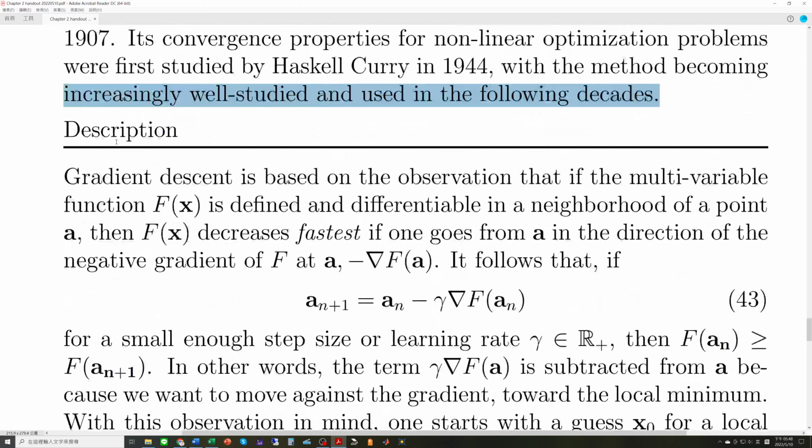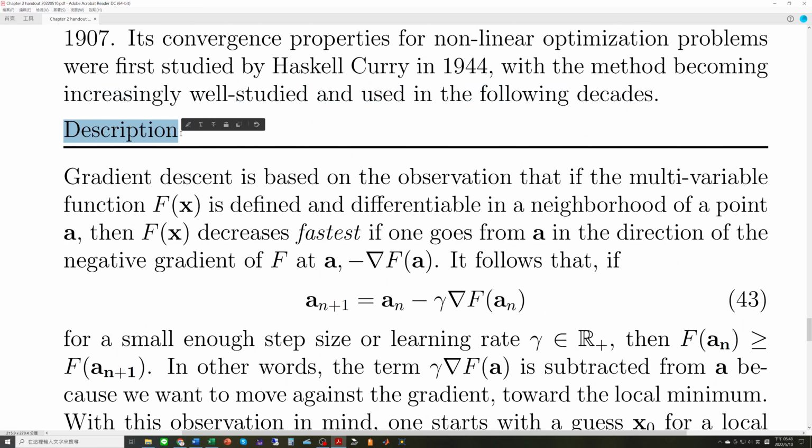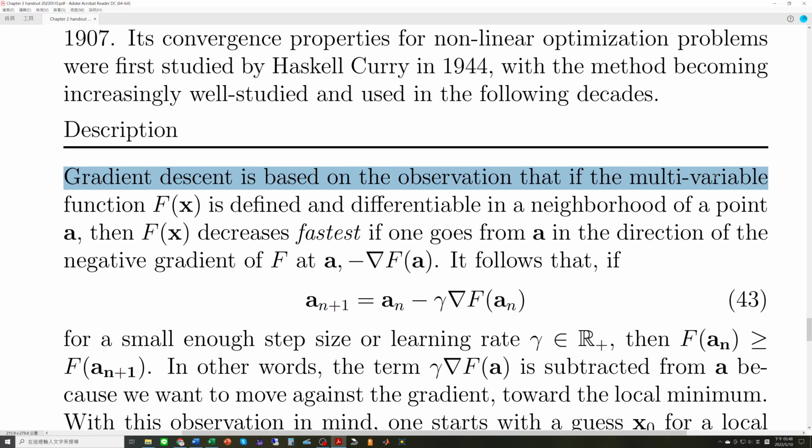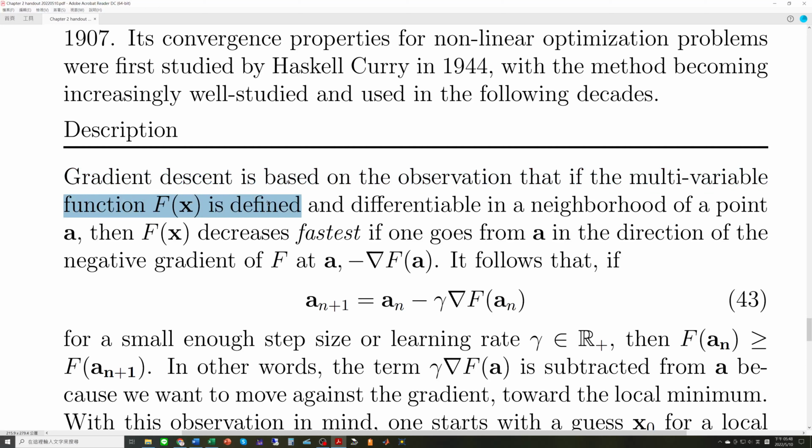Okay, next let us see the description of gradient descent. Gradient descent is based on the observation that if the multivariable function f of x is defined and differentiable in a neighborhood of a point A. Please note that we consider a multivariable function, so we use boldface A. So it is not only a point, it is also a vector.